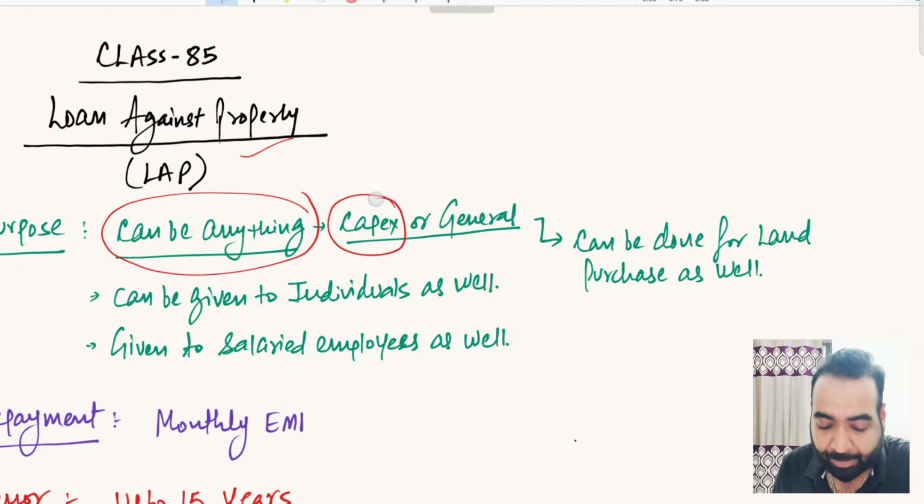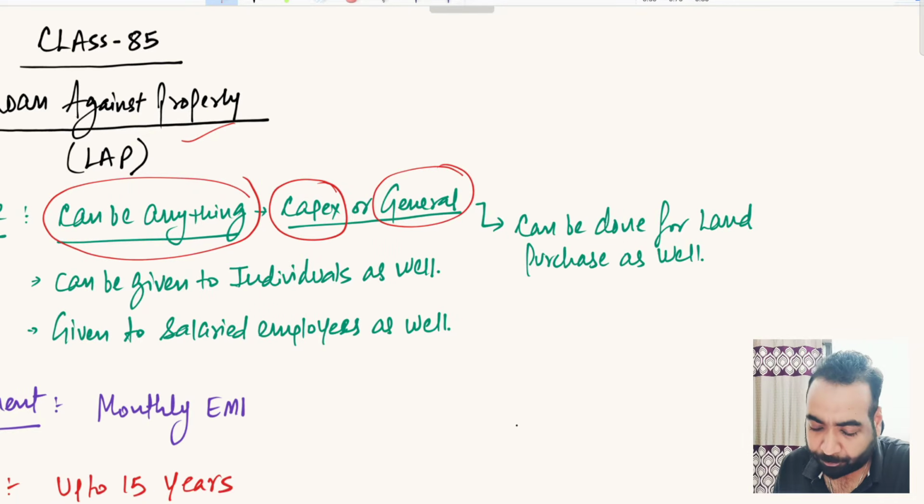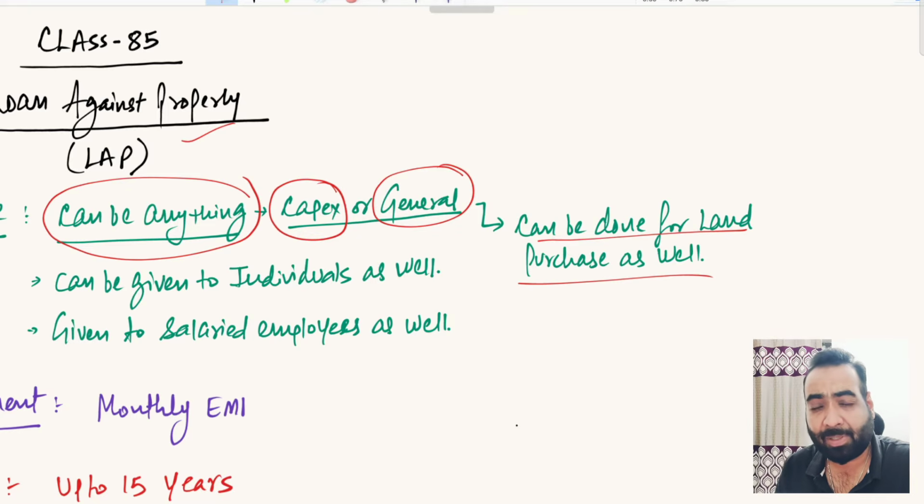It can be capex as well. I can use the LAP to buy machinery, to purchase land, to construct building. I can do anything, or it can be general as well, like I have already explained, for education, for marriage, right? But remember, if I am taking a LAP loan in the name of the business, in the firm's name, then I cannot say that I am taking this loan for managing the educational expense of my children or for the marriage of my daughter.